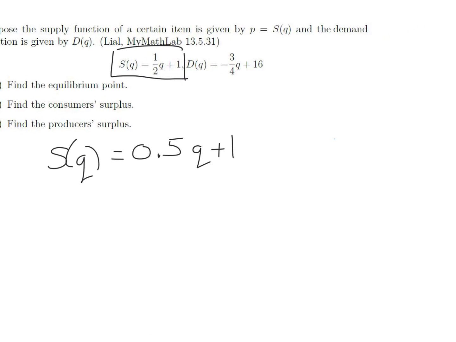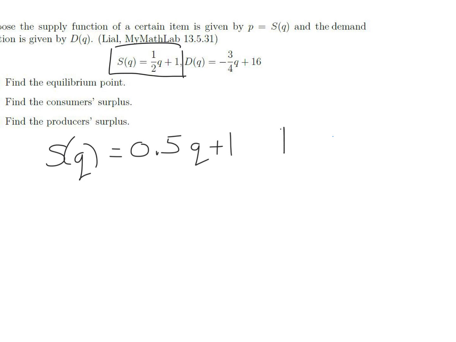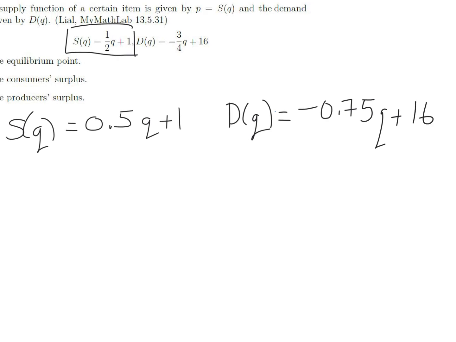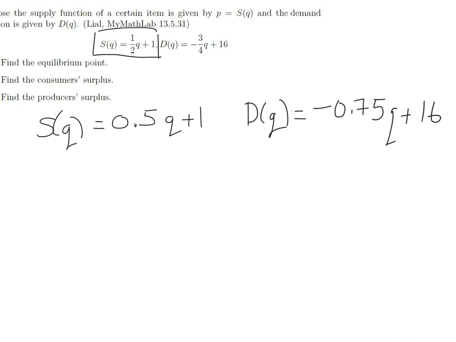And our demand function, minus 3/4. If you have 3/4, you have 75 cents, that's 0.75 Q plus 16. Do we agree those are equivalent decimals?